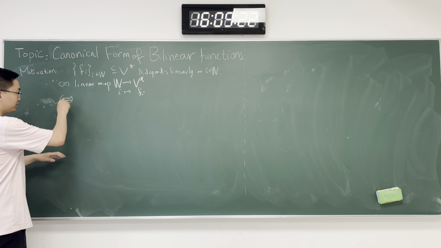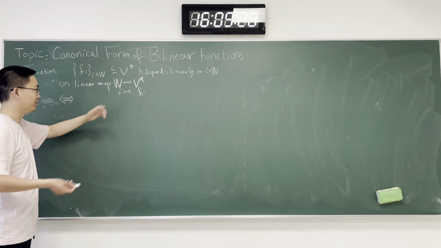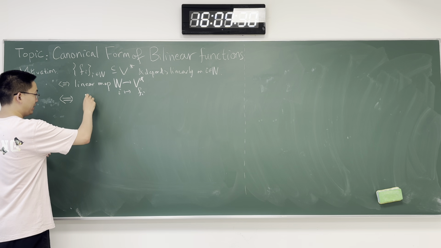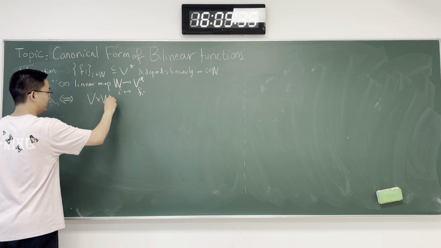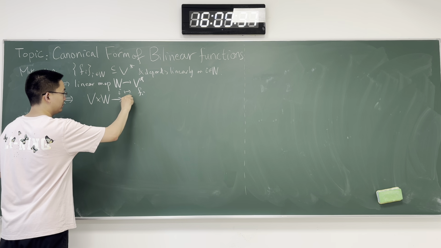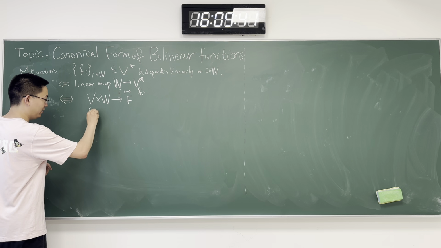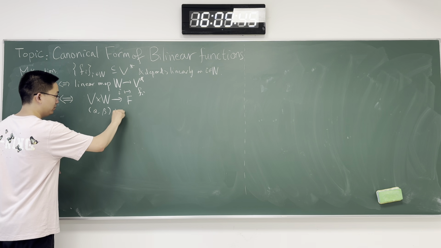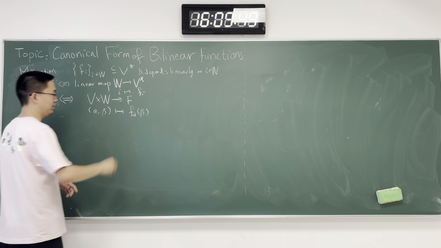Why should we consider a linear map instead of a function with values in a fixed field? So we take V times W to F. Say we match each pair, alpha, beta, to F_alpha of beta.